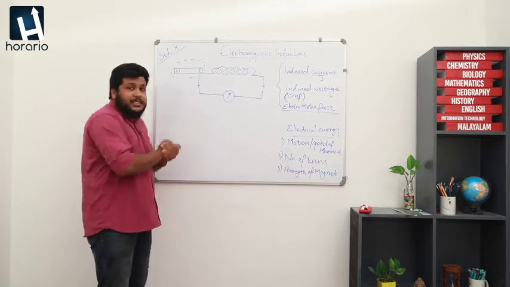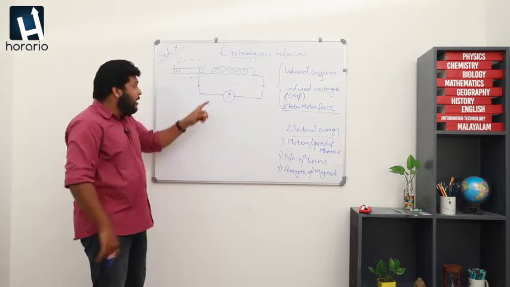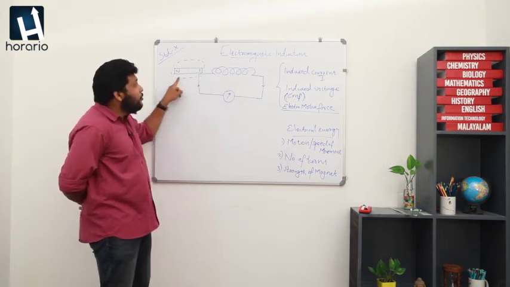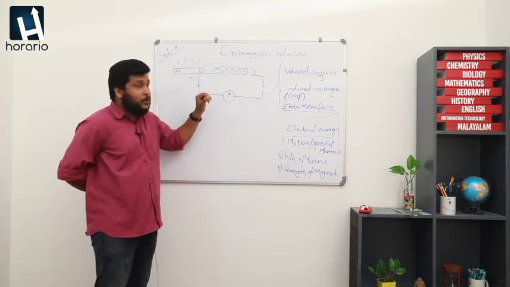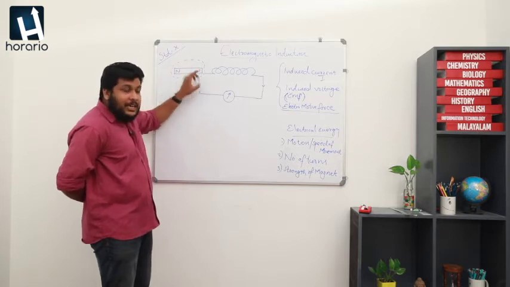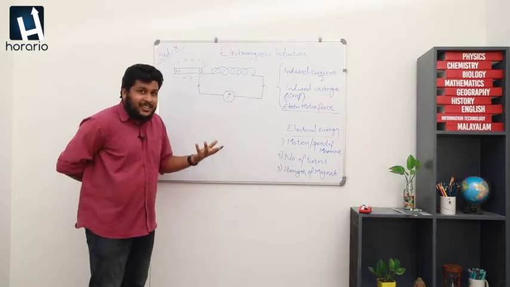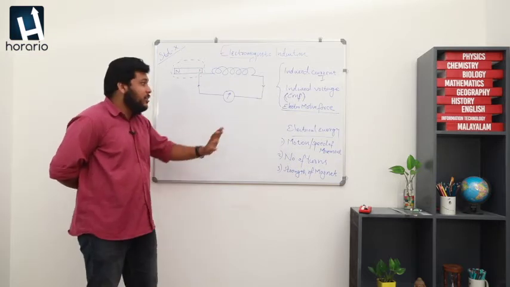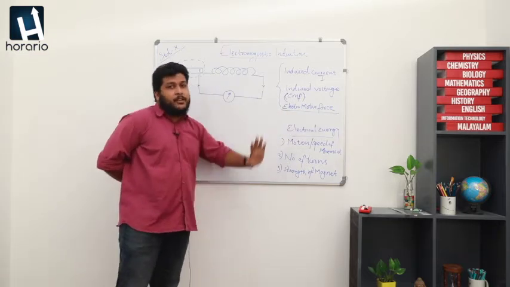So from this, we can say that when the magnetic flux linked with a coil changes, there will be a production of induced voltage, or a formation of EMF.